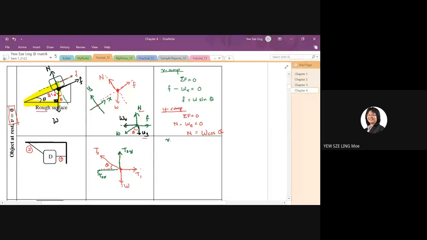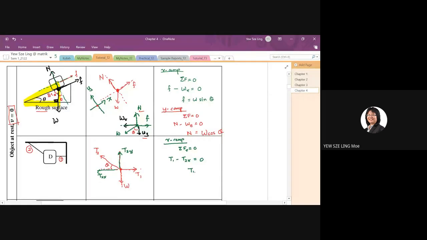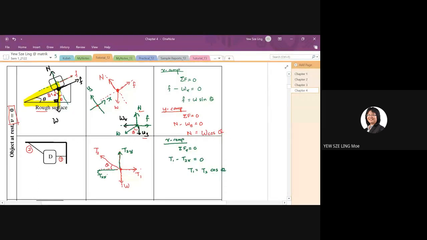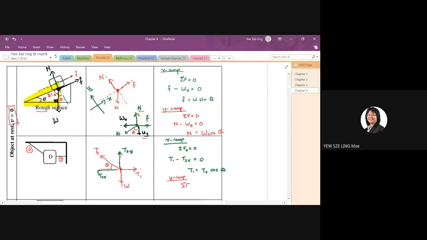So let's resolve the x component. Summations Fx equals to 0. Along the x component, T1 minus T2x equals to 0, so T1 is equals to T2 cos theta. Cos or sine depends on the location of the angle. For the y component, it would be better if you put the Fy here, because most of the time students tend to forget about the x and y components.